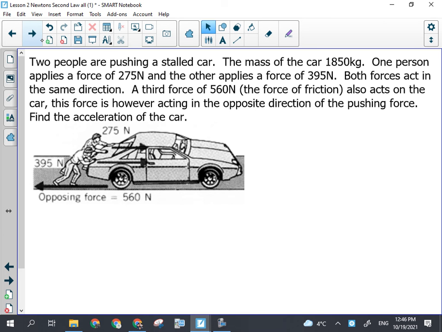So, two people are pushing a stalled car, because back in the day you could actually start a car by doing this. How many people can drive a standard? Wow, that's actually a pretty good number because standards have gone the way of the dodo. There aren't many left. The nice thing about a standard is if the battery dies, you just need to get a couple of people to give it a push and you can start it by throwing it in second and popping the clutch after it gets rolling.